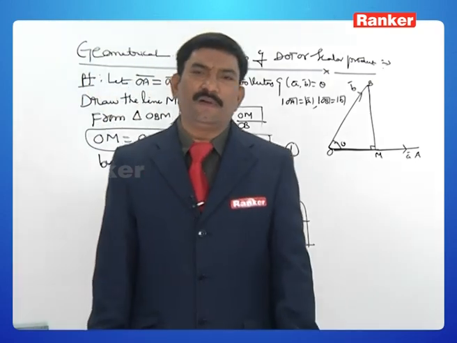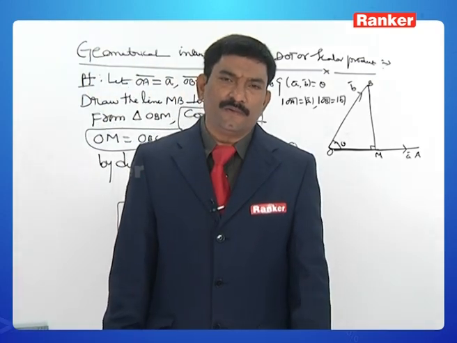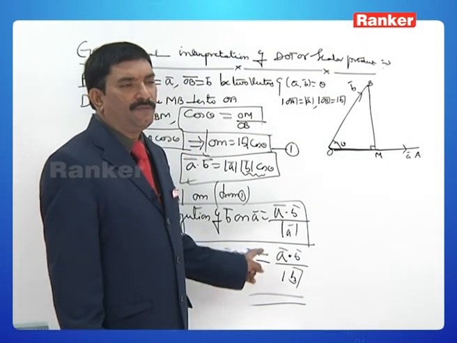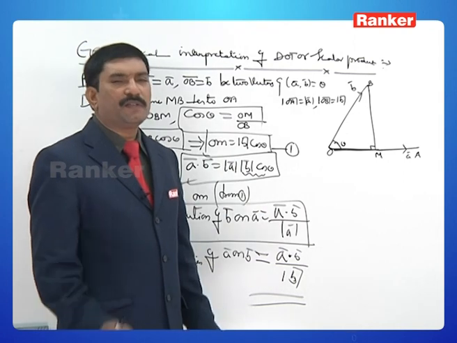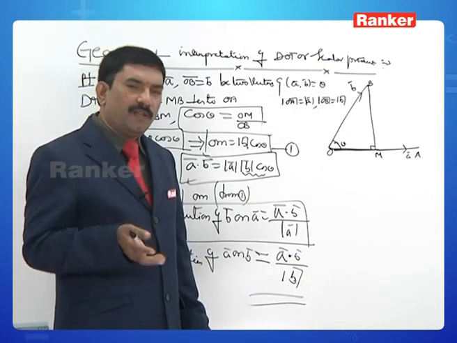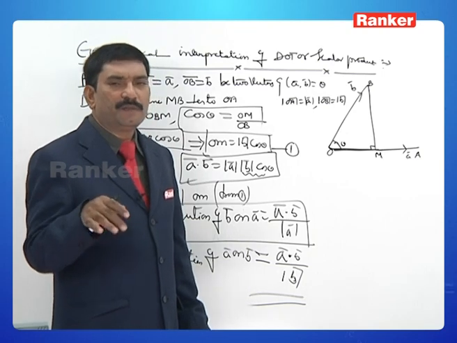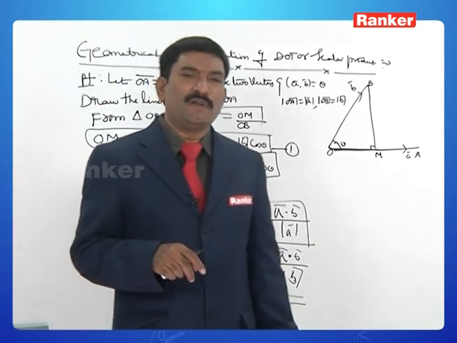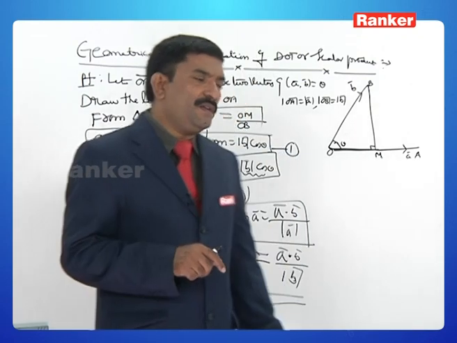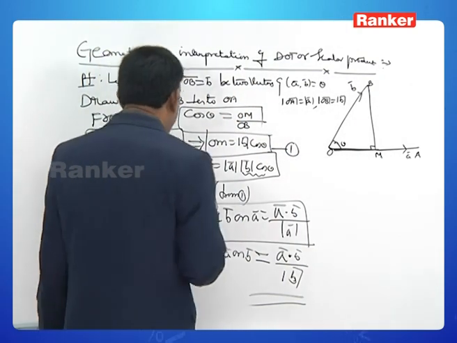Modulus of B bar. Followed? So the scalar projection of B on A is A dot B by modulus of A, and of A on B is A dot B by modulus of B.